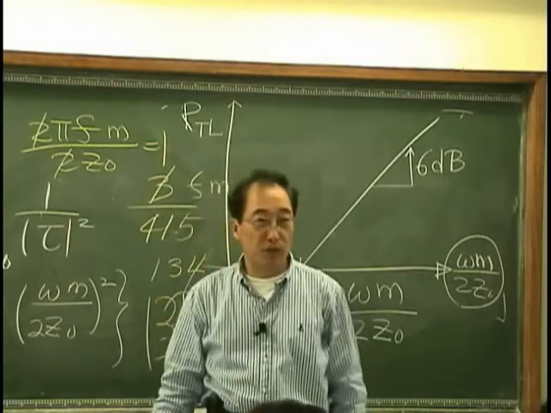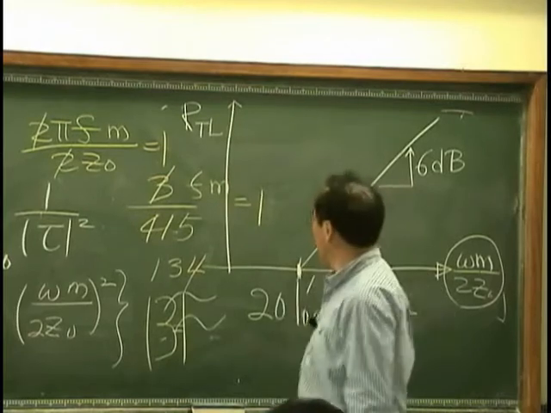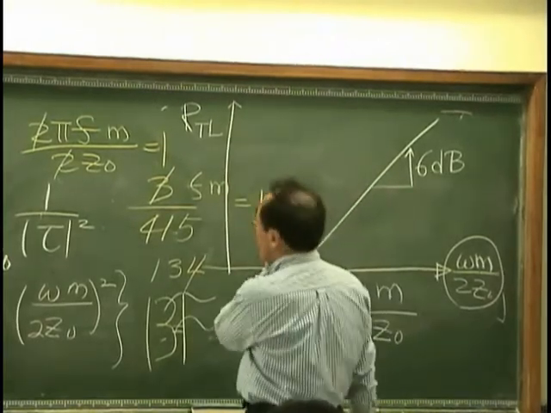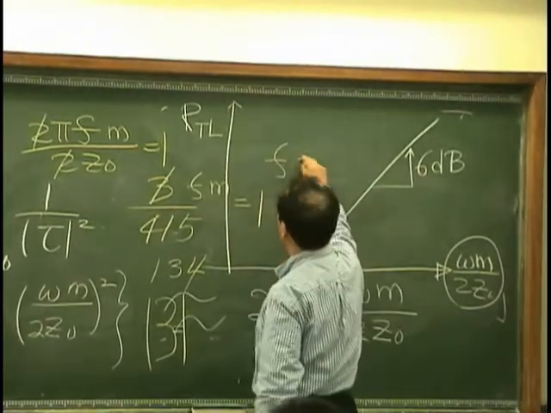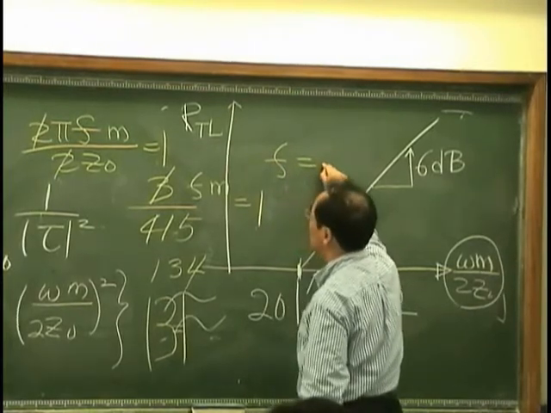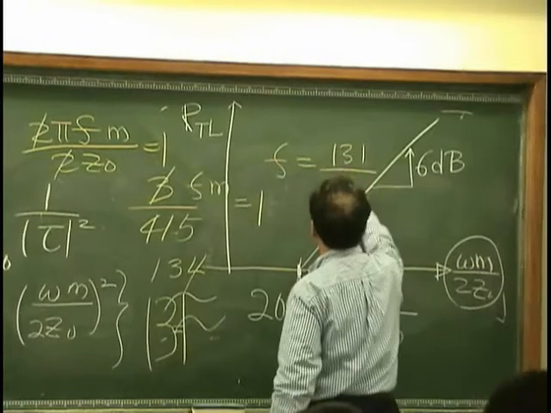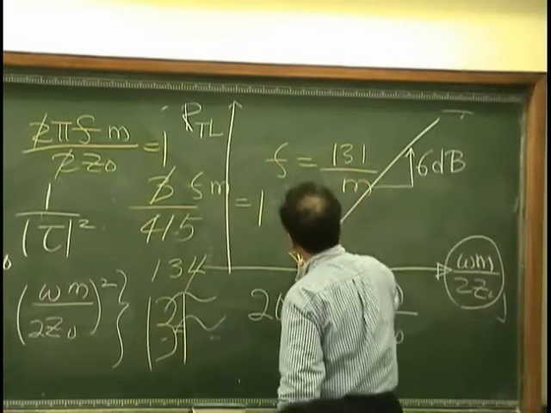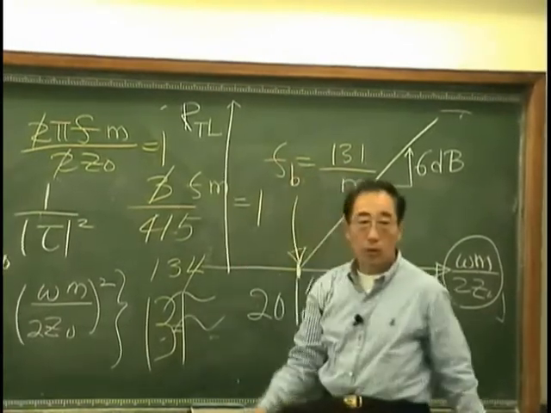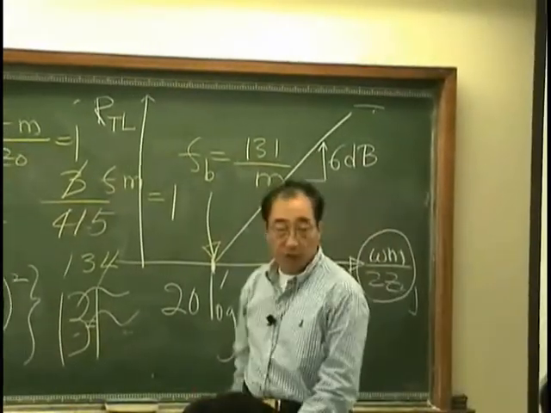That is 131. So I might say the frequency is equal to 131 divided by m. This is the frequency over here that I call the blocked frequency.